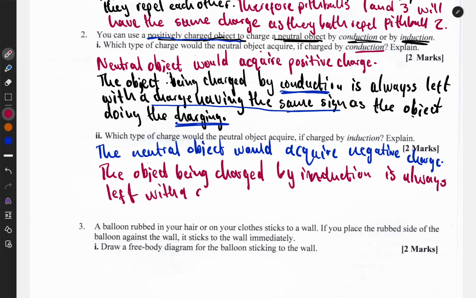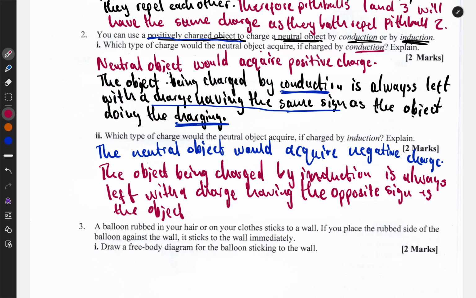The object being charged by induction is always left with a charge having the opposite sign as the object doing the charging. So this is going to be it. And you are done. This is going to be your solution.